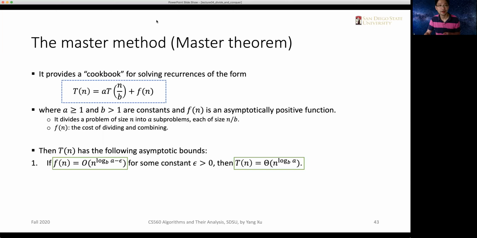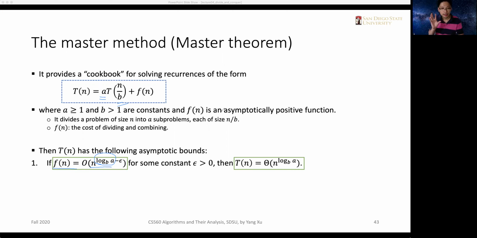This constant, log base b of a, is the thing you compute from a and b, and then you compare the 2 functions, f(n) and the polynomial function n^(log_b a).